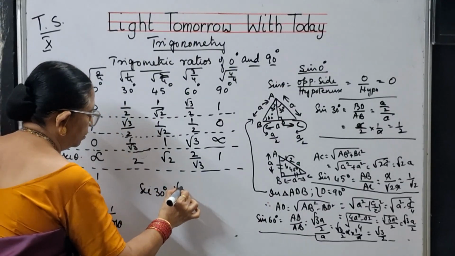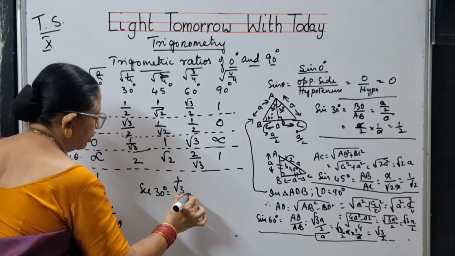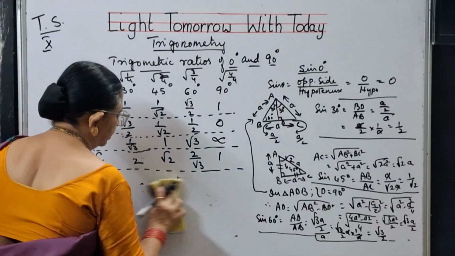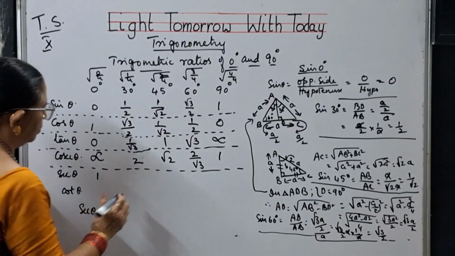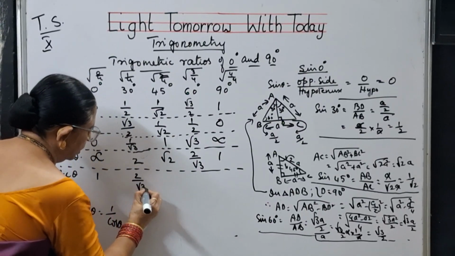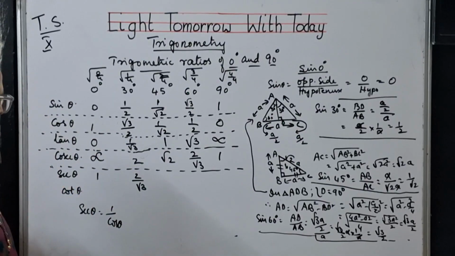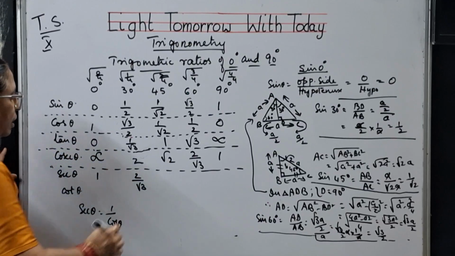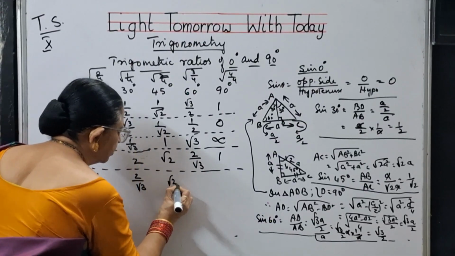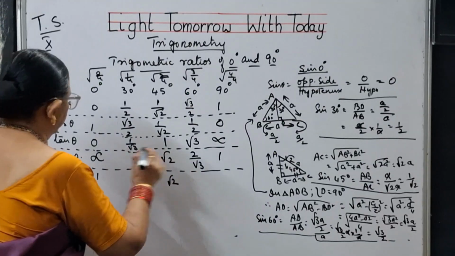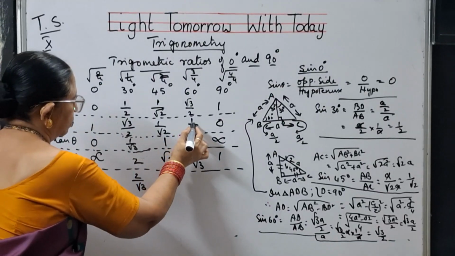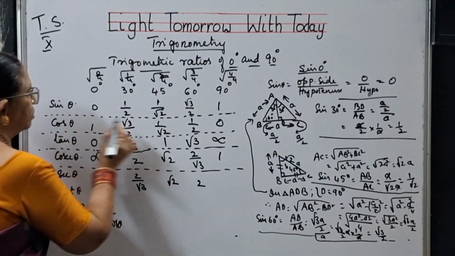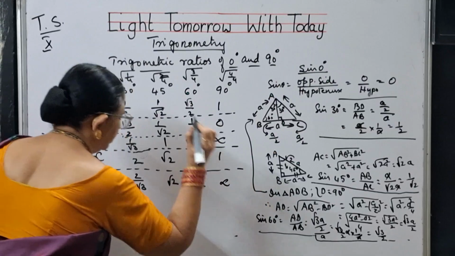Cos 30 degrees, root 3 by 2, 1 by root 3 by 2. So 2 by root 3 you will be getting. So secant 30 degrees is nothing but 2 by root 3. Let me write reciprocals, means directly see cos 30 degrees root 3 by 2 means reciprocal 2 by root 3, and this is 1 by root 2 means it becomes root 2. Okay, then this is cos 60 degrees. Cos 60 degrees is 1 by 2 means 2, and cos 90 degrees is 0 means infinity.